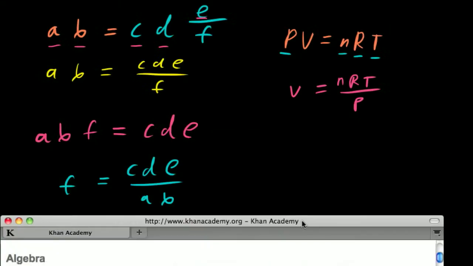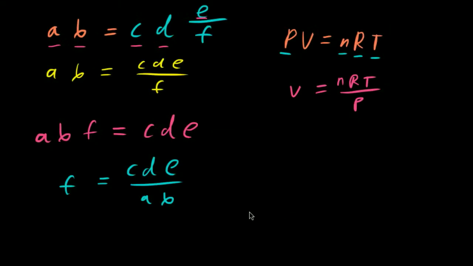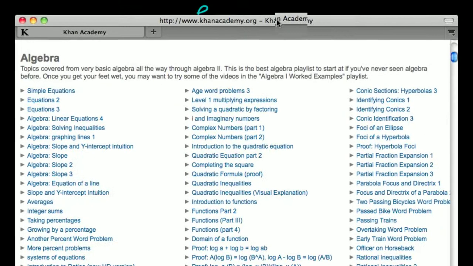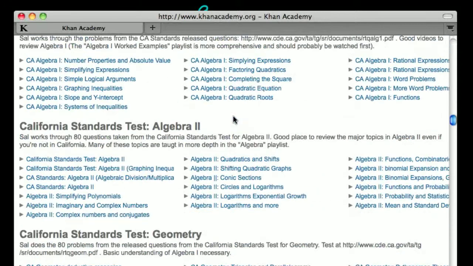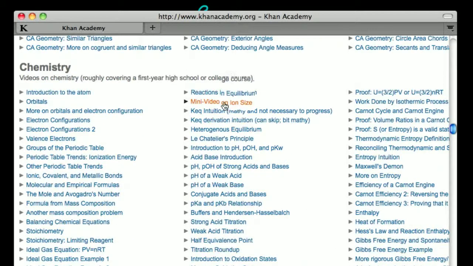Anyway, those are two small self-tests you can give yourself to figure out whether you're mathematically ready for chemistry or not. Also, as you saw while I was scrolling, Khan Academy has a chemistry playlist.